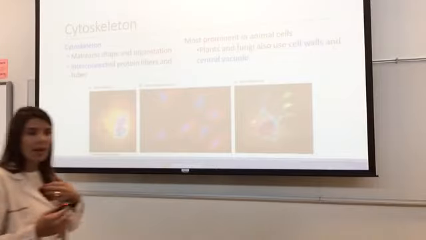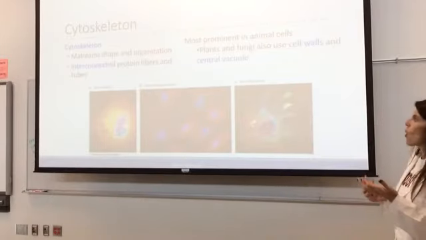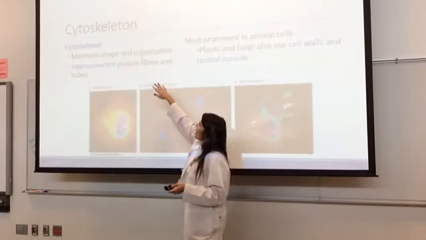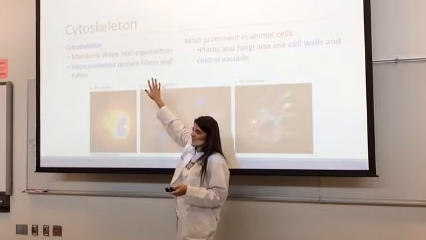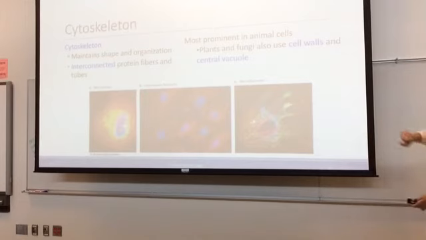You and I, our cytoskeleton is very noticeable because we don't have a cell wall. We have a skeleton giving our cell its shape and organizational pattern. So the cytoskeleton gives it shape and organizational pattern. It's very obvious in animal cells, not so obvious in cells that have cell walls.